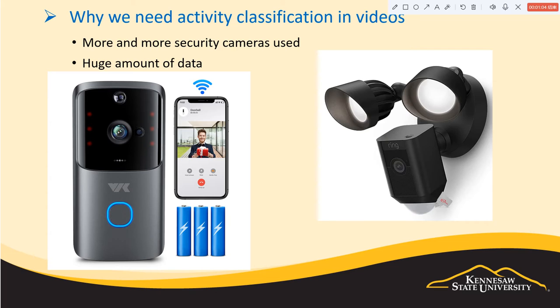From these many security cameras we will have a huge amount of data, and if some security issues happen, people need to check the videos by themselves. So if the computer can do this instead of us, we will save a lot of time.